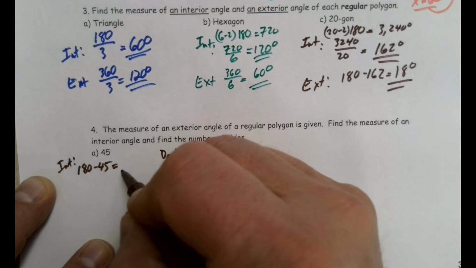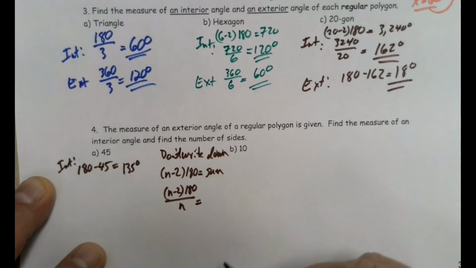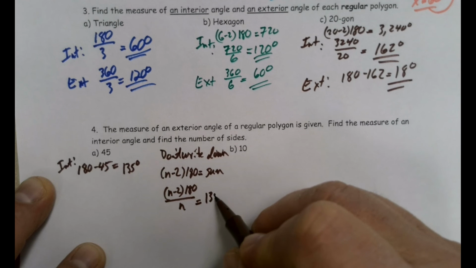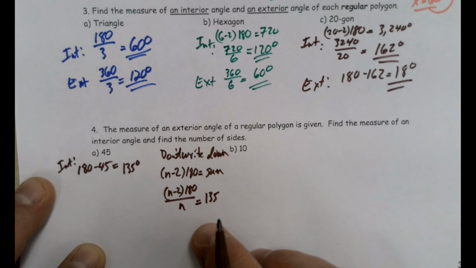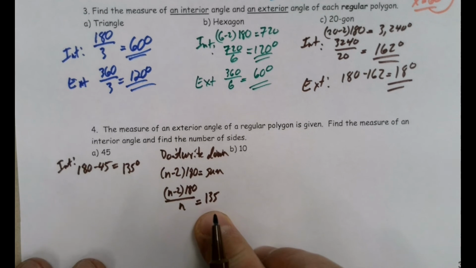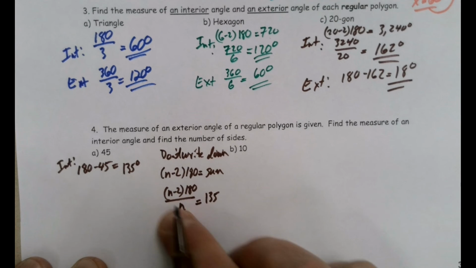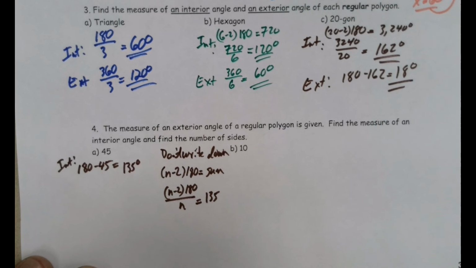The interior angle is going to be 135 degrees, right? And so that's equal to 135. Okay, so if I'm trying to find the number of sides, I could use this formula right here and solve for n. Doesn't look very friendly.